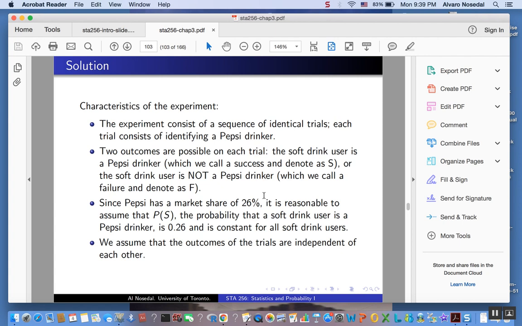We are assuming that 26% is the probability of success, the probability of finding a Pepsi drinker, and that probability remains constant, the same from one trial to the next. Another important assumption: independence. So we have the same experiment, but the random variable of interest has changed.